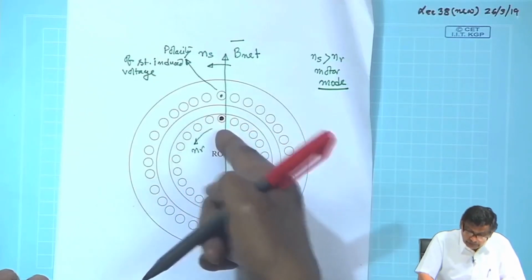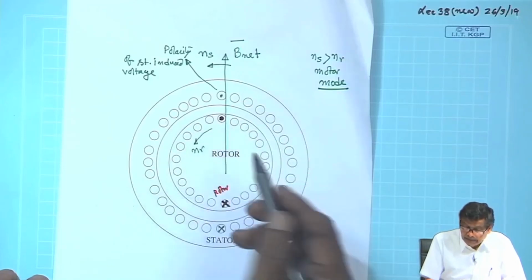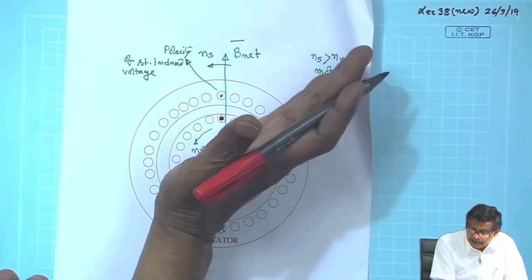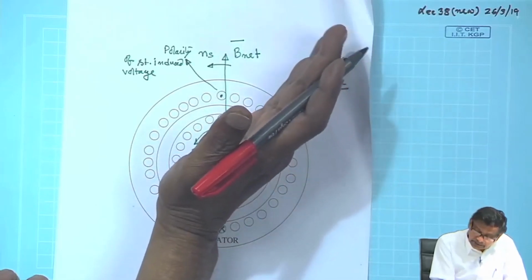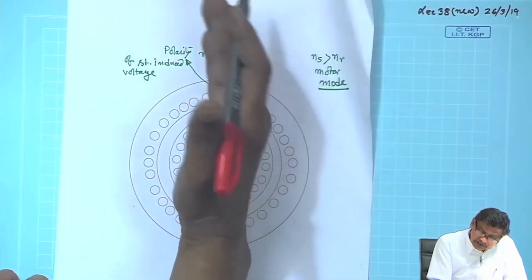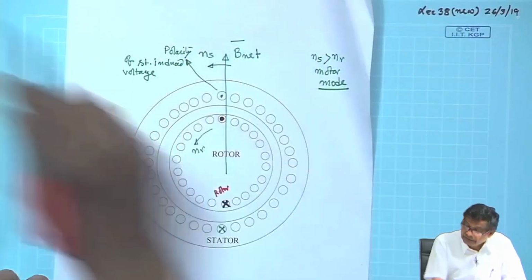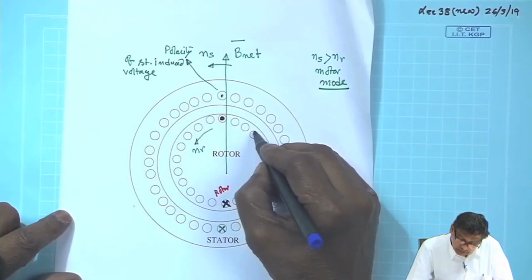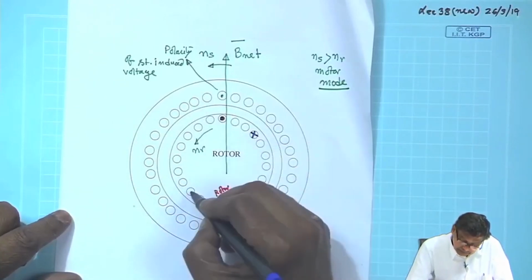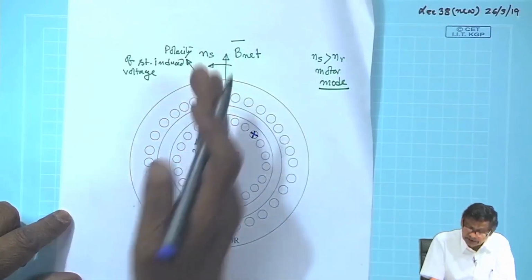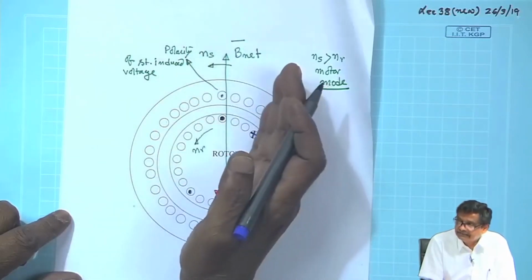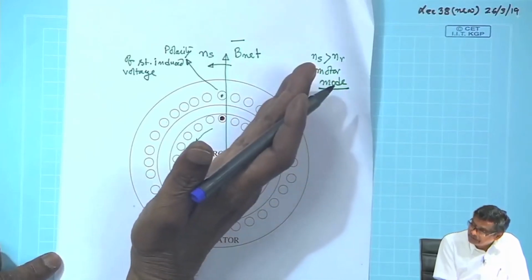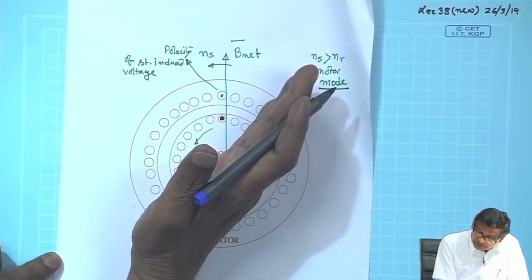But right at this point of time, some conductor on the right has already seen the maximum induced voltage, and when it comes here, perhaps this conductor will carry the maximum current. So at this instant, the conductor carrying maximum rotor current will be on the right, because that conductor has already seen the maximum induced voltage; it is lagging power factor.